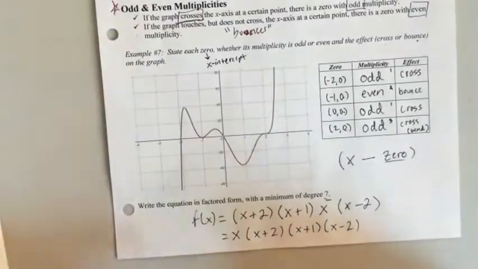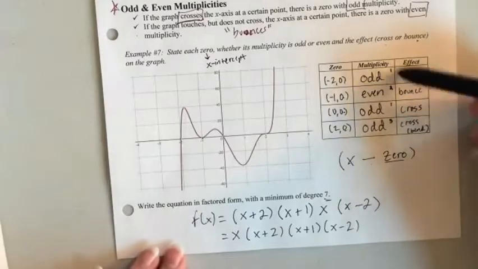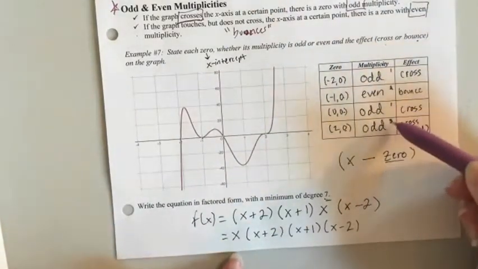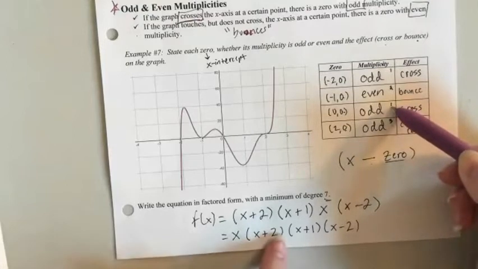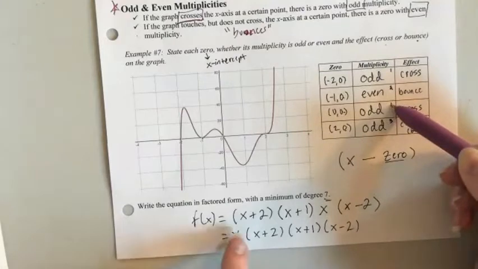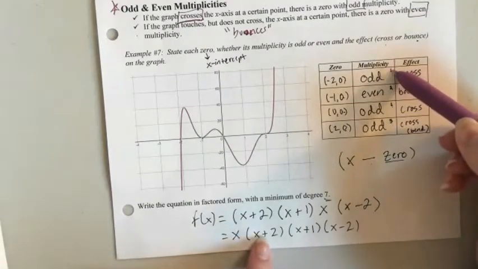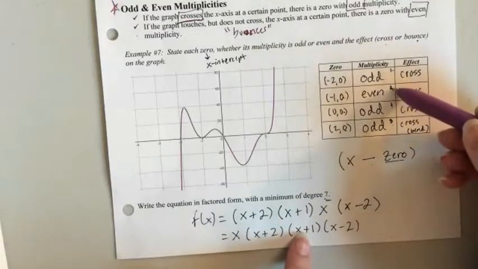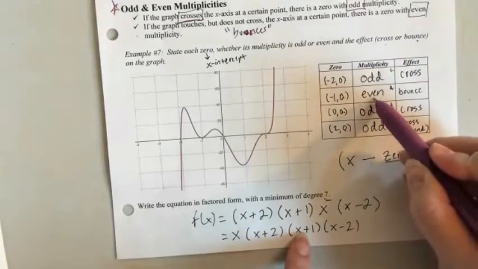All right, we're not quite done because we have to add in our multiplicities here. Any of these that we've established that have a multiplicity of 1, I don't need to put an exponent on. So x would just stay multiplicity of 1, invisible exponent of 1. X plus 2, multiplicity of 1, would have just a regular invisible exponent of 1. X plus 1, I need to have an even multiplicity.